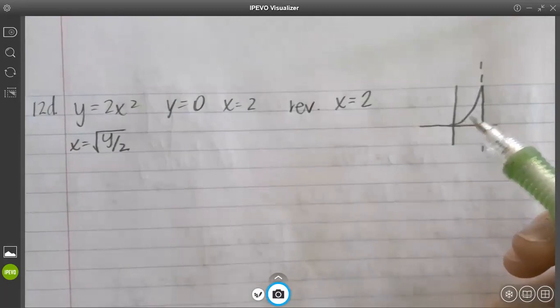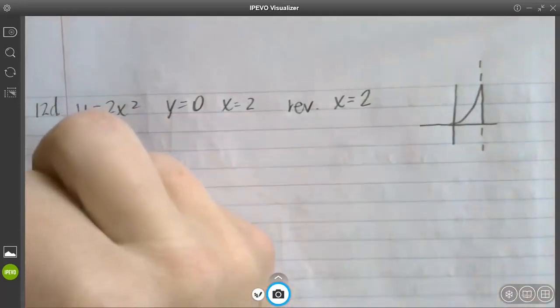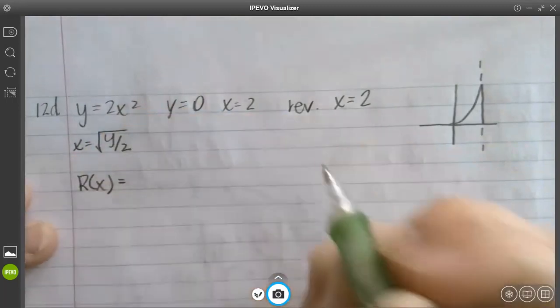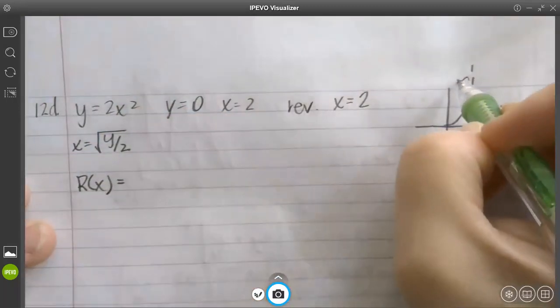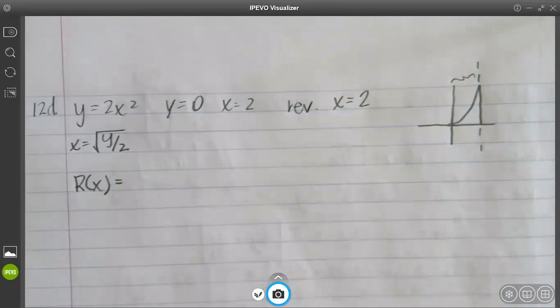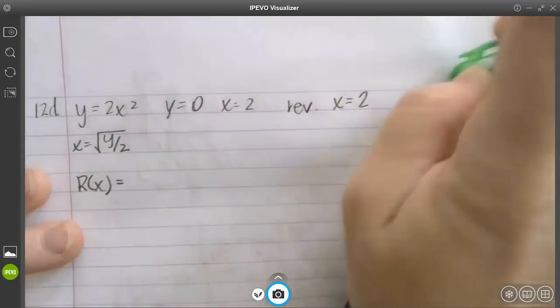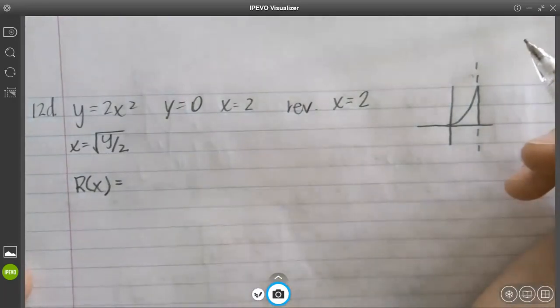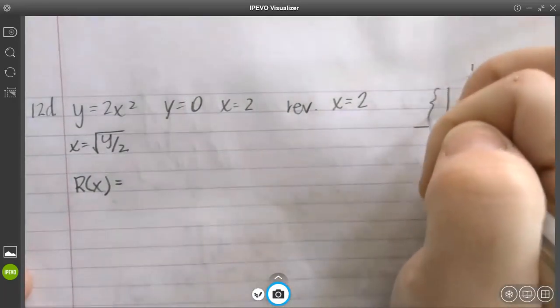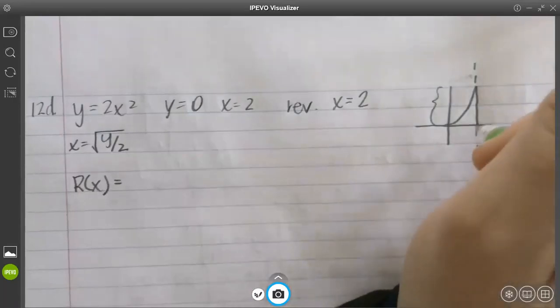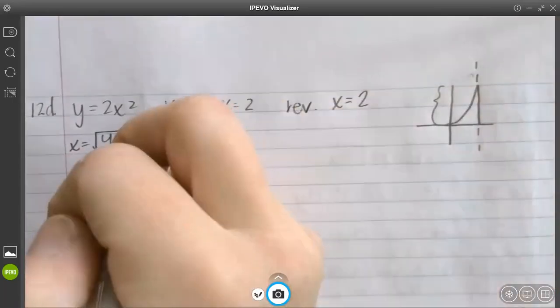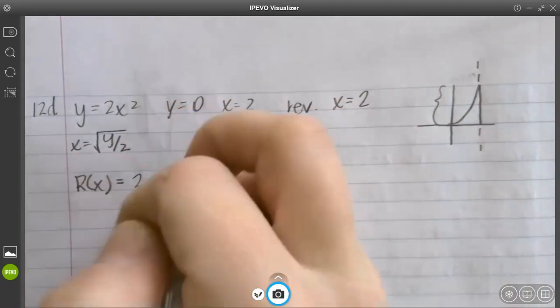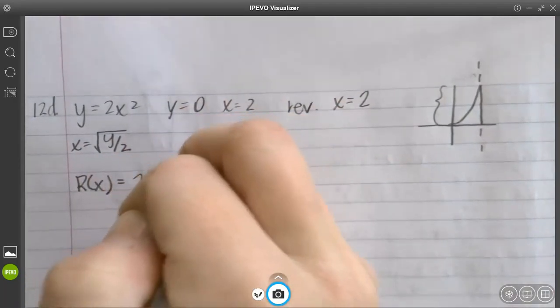So your big R of x is this distance: what you're revolving minus your function.